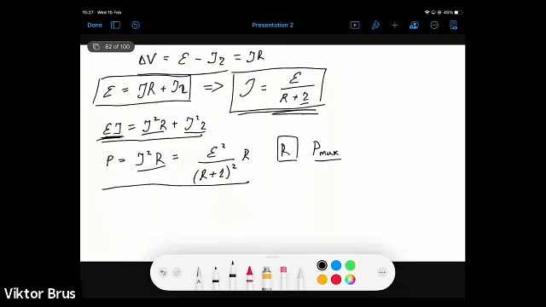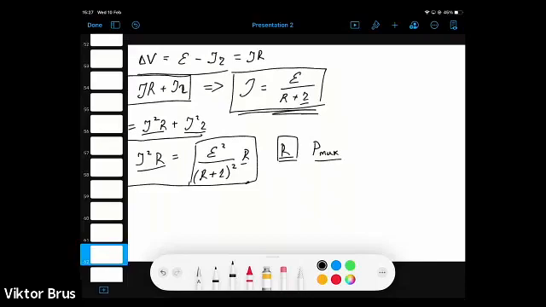For this purpose, we need to take the derivative of this function, because here we have a function P of R, over R, and set it to 0. This is the condition for finding the maximum of a function. And that will help us to determine at which R we will get maximum power.